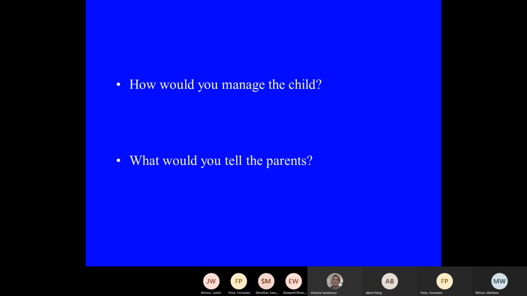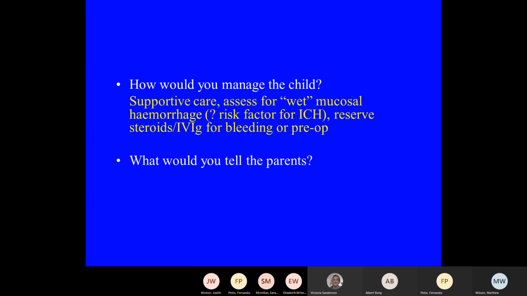How do you manage? Next. We know how to manage ITP, so it's supportive. We only treat when there is wet mucosal hemorrhage, because it's been associated with the risk of intracranial hemorrhage, and use IVIG and steroids if you need to treat.